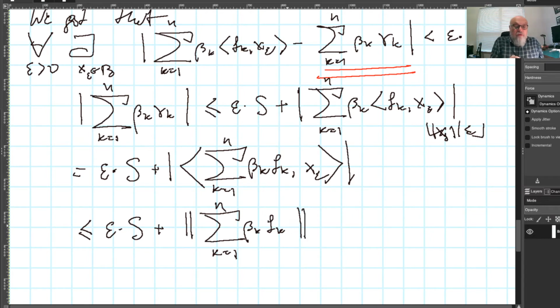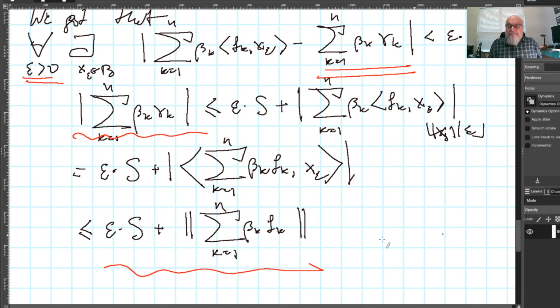And that's true for every epsilon. And look, there is nothing here: in the beginning there are no x's, and here there are no x's. So this inequality can be simplified, because it's for every epsilon.